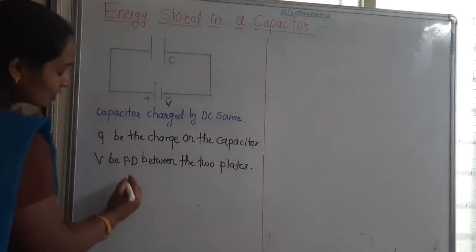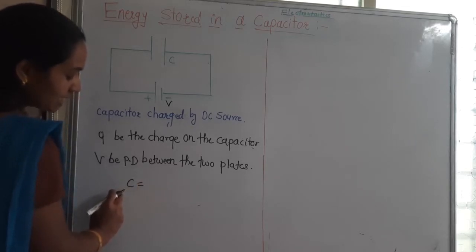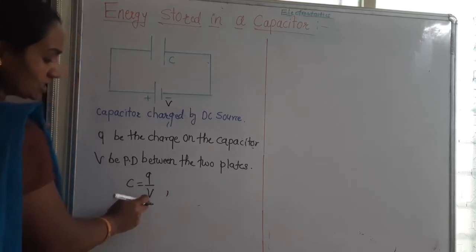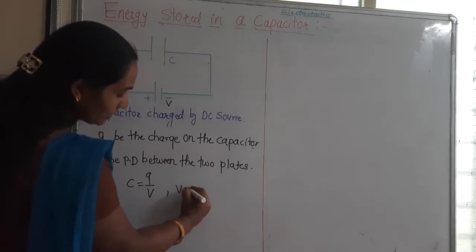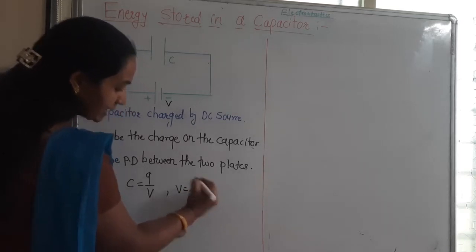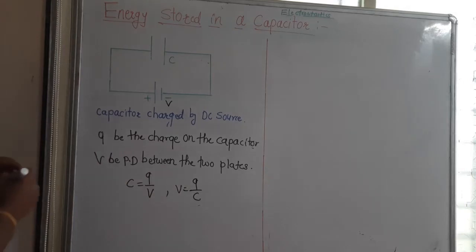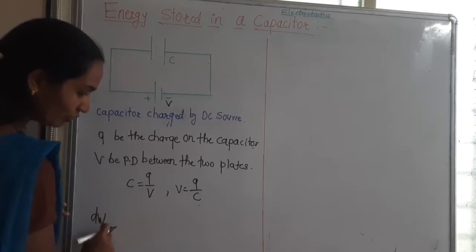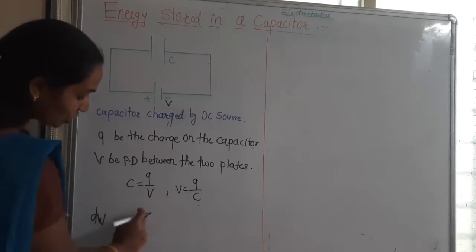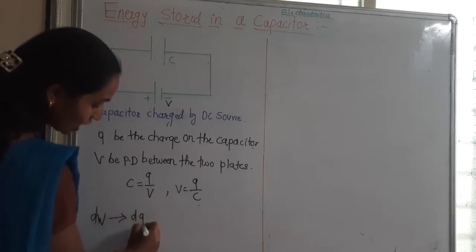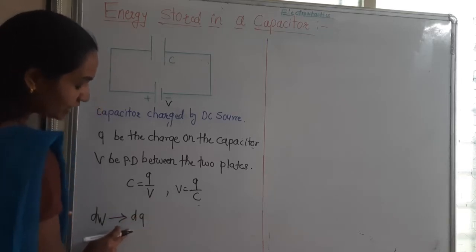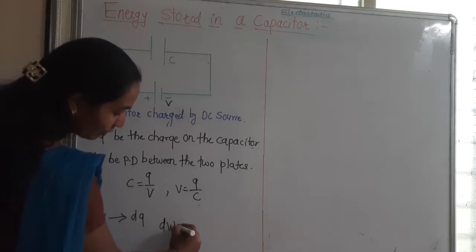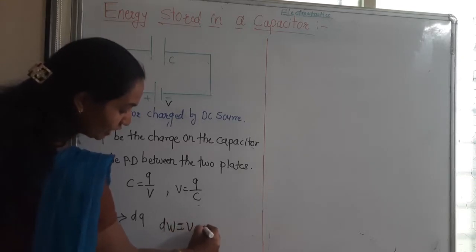The capacitance of the capacitor is C equal to Q upon V. Rearranging, V is equal to Q upon C. If a small charge dQ is transferred between the two plates, the small work done dW is V into dQ.